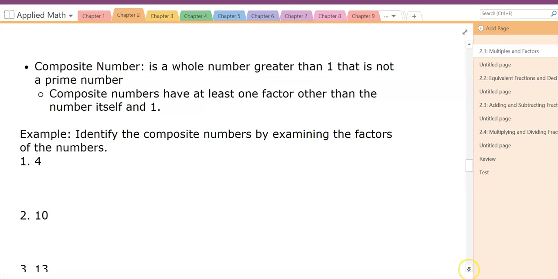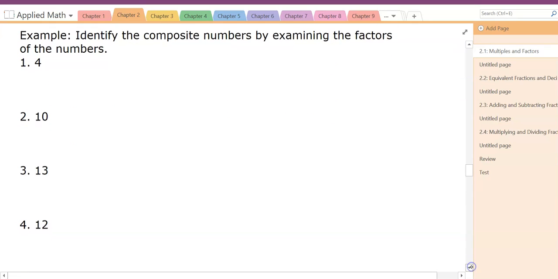So again, what we're going to do here is look at a list of numbers. You guys take a minute and do that. I just want you to write down whether you think they're prime or composite.